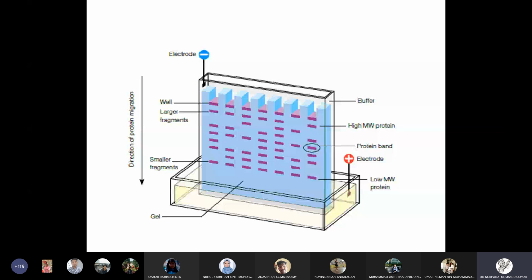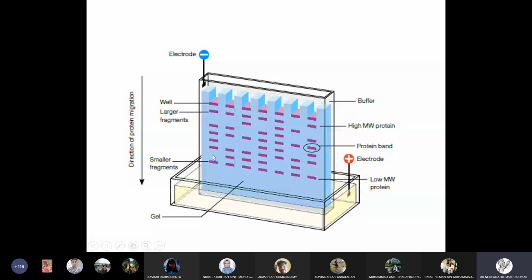As you remember, only negative charge will move towards the positive, right? That's a physics concept. So when we apply an electric current, the protein that has been negatively charged will move towards the positive.